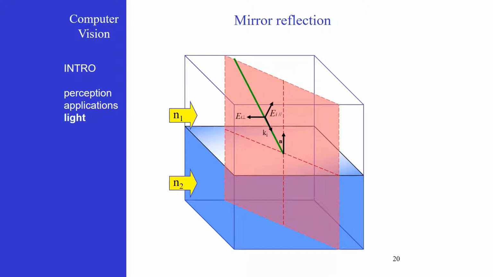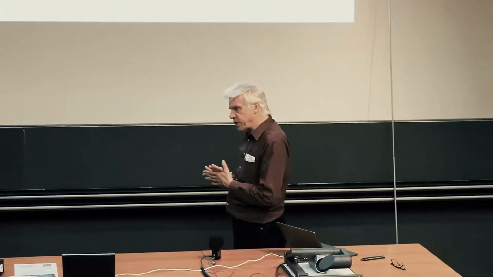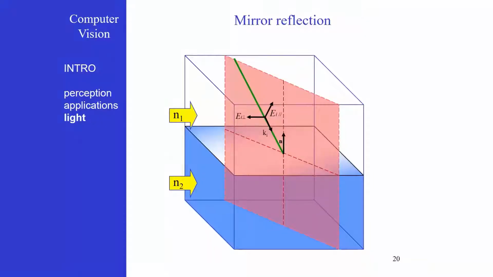Okay, so we come in under this angle delta I, and we have some electrical field vector and some magnetic field vector for the incoming wave. We can always write the electric field vector as a composition of a component that lies in that plane of incidence, this orange plane, and a component orthogonal to that plane.